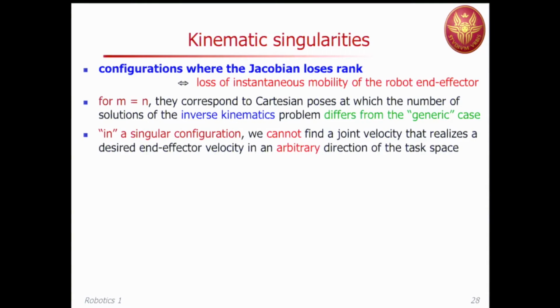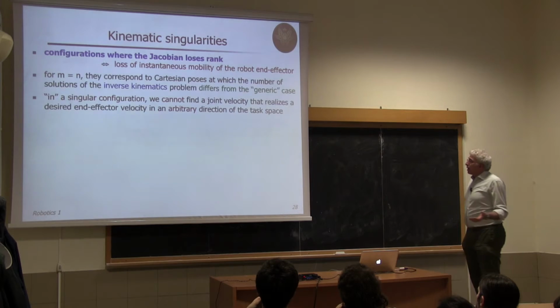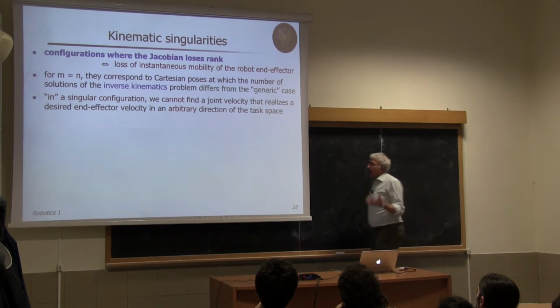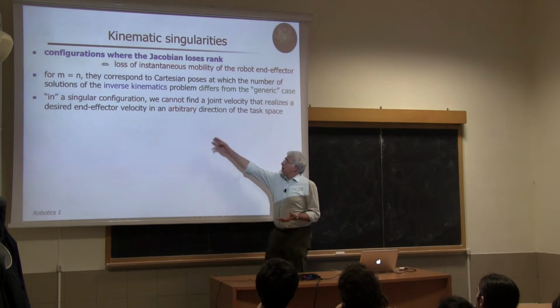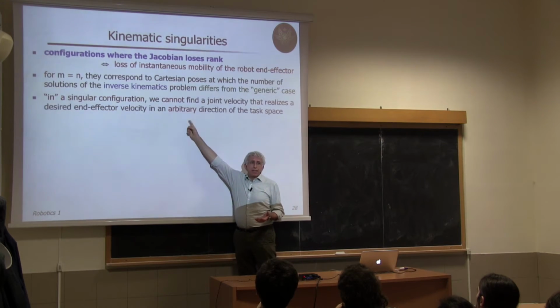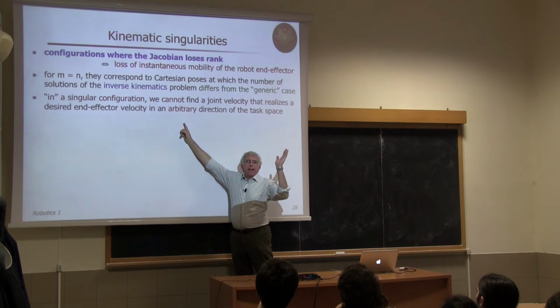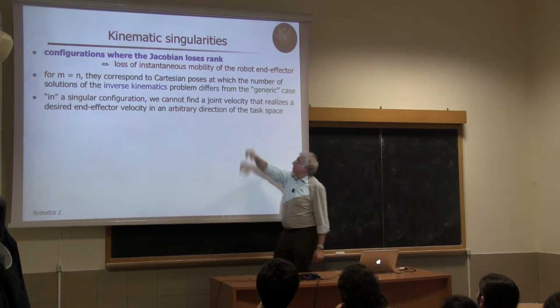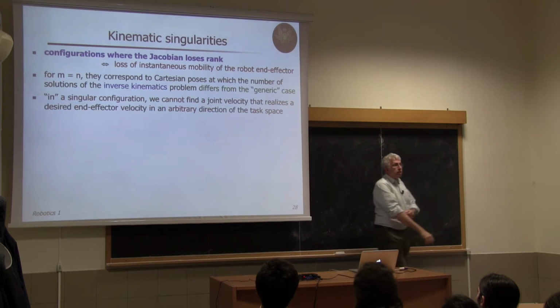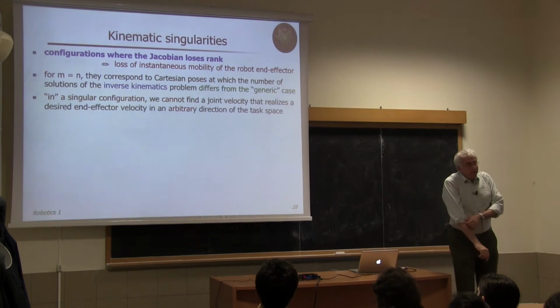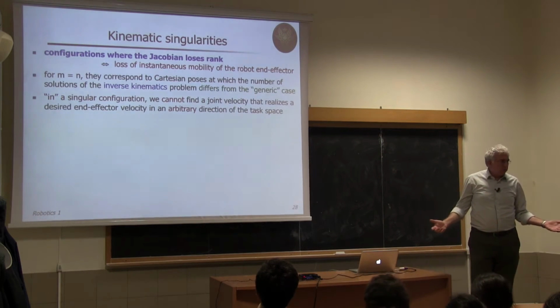So when the robot is exactly in that configuration, suppose that the Jacobian is square, so the Jacobian is singular, its determinant is equal to 0. And then if we ask the robot to have an arbitrary, pay attention to this arbitrary, velocity for the end effector in an arbitrary direction, then we are not guaranteed that the solution will exist.